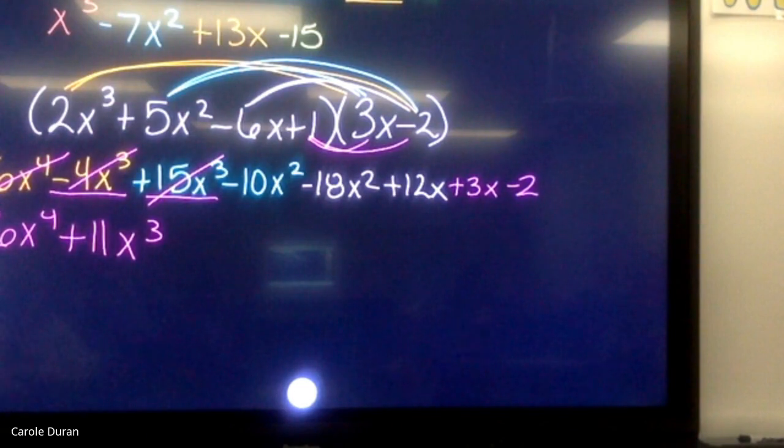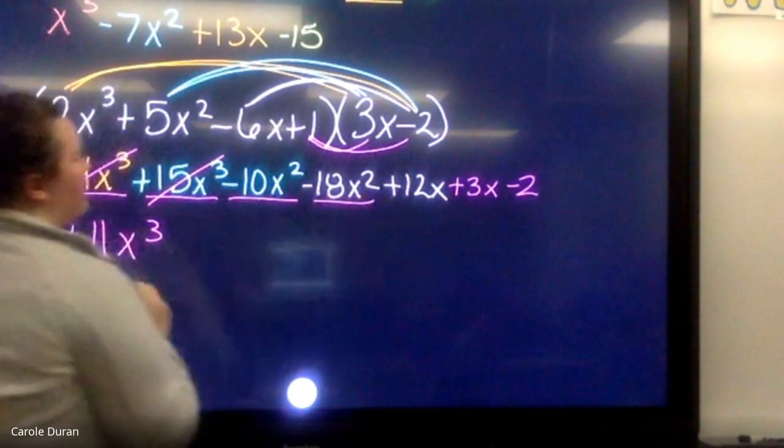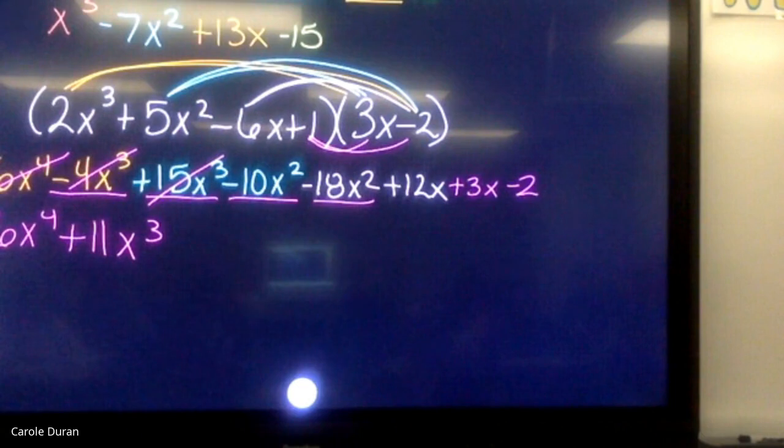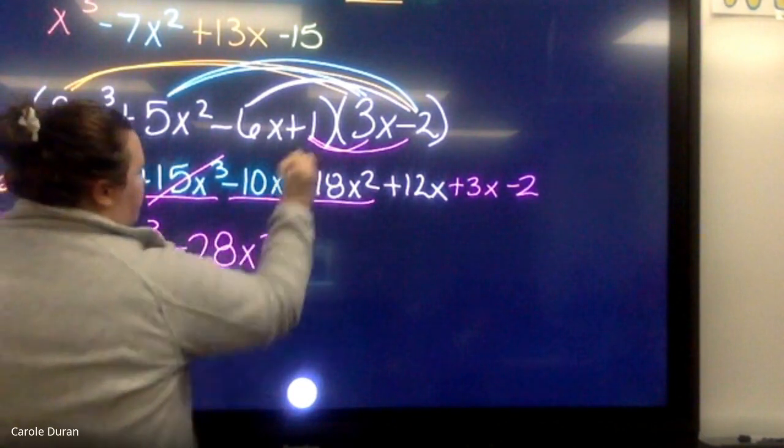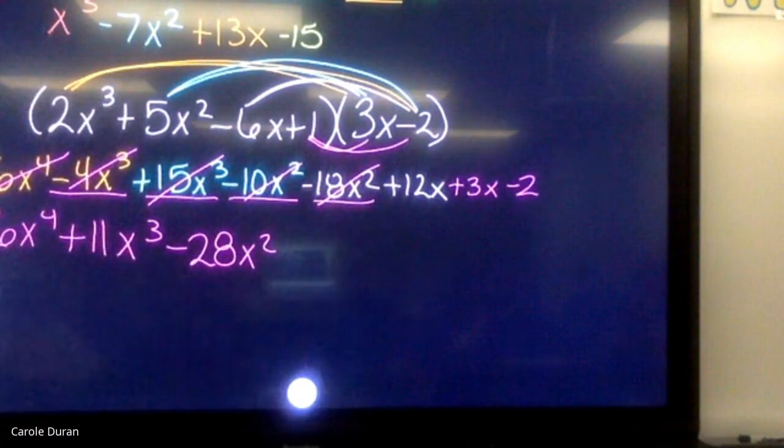Christina, is there anything I can put together with the negative 10x squared? And what do I get when I put those together? Negative 28x squared. Miranda, is there anything I can combine with the 12x? There's nothing else that has an x in it.